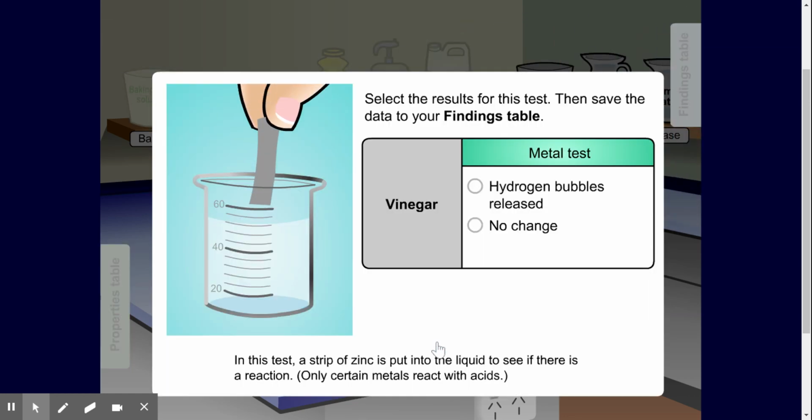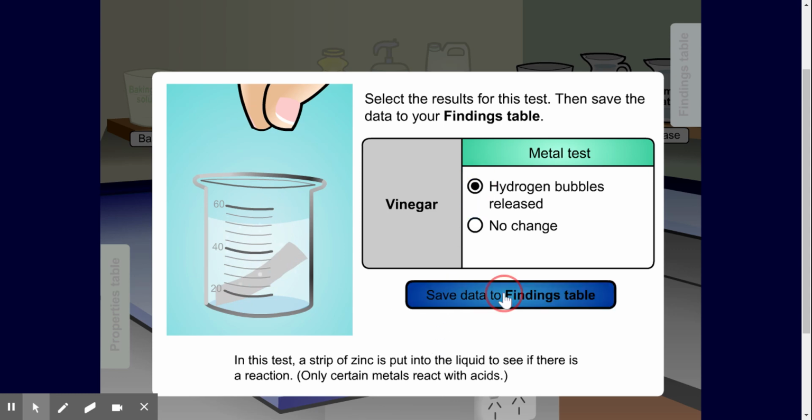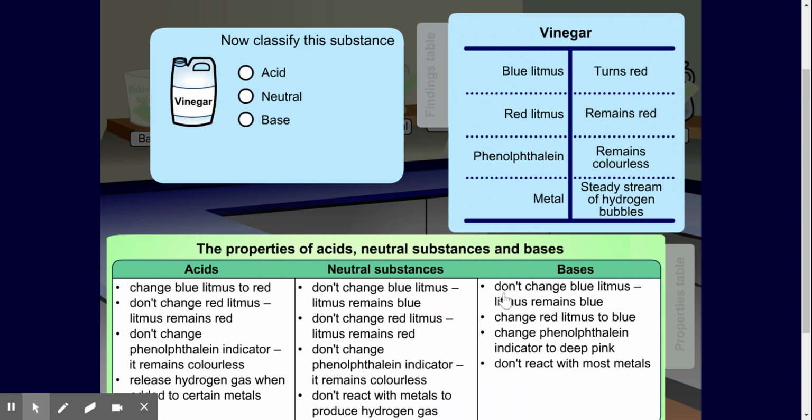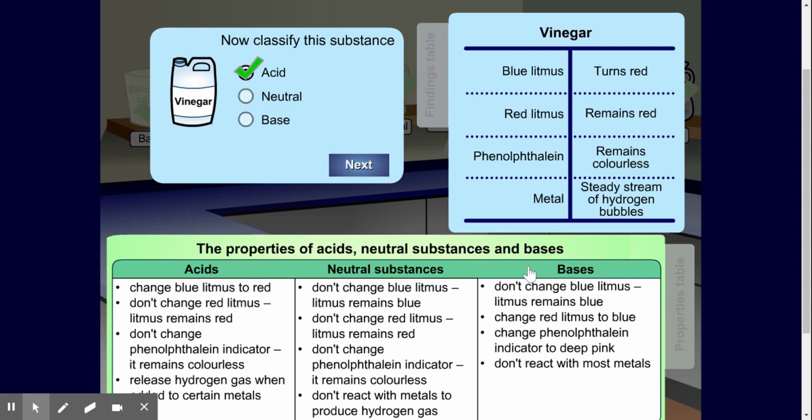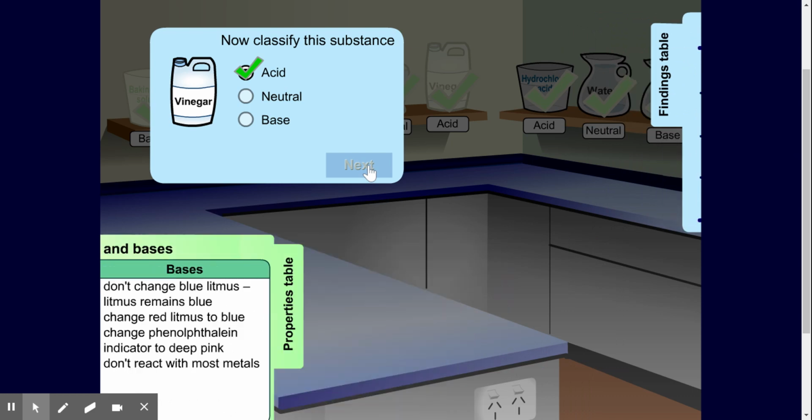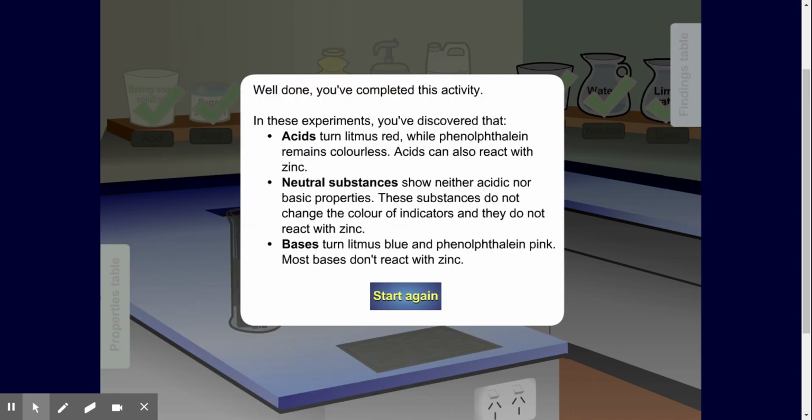And then the metal produces hydrogen gas. We look at our traits here. We find that it matches up with an acid. We are correct. All right, so now we have finished this activity and these experiments.